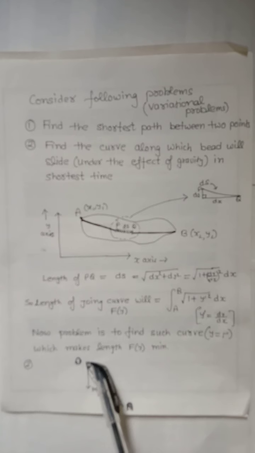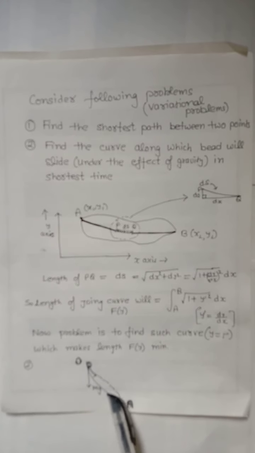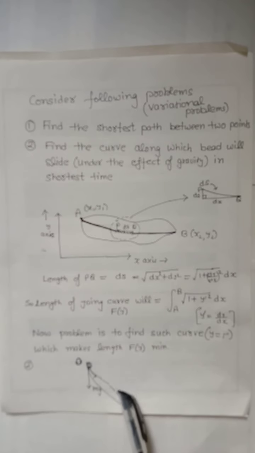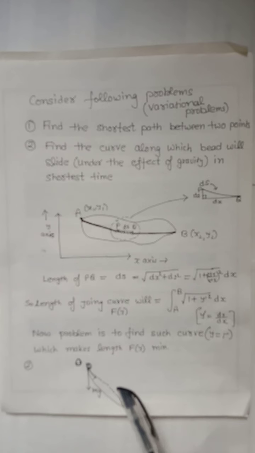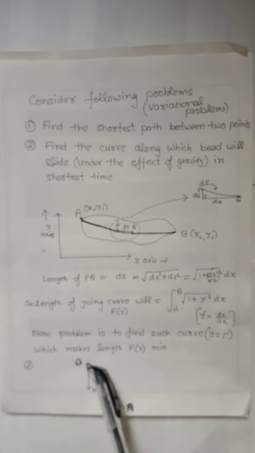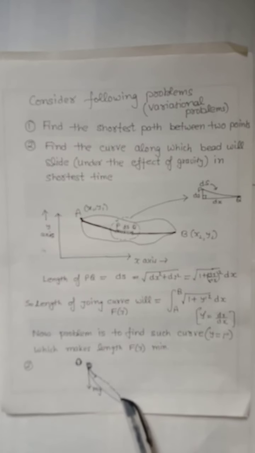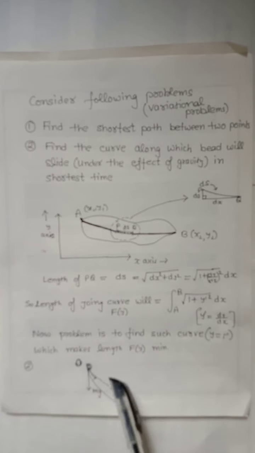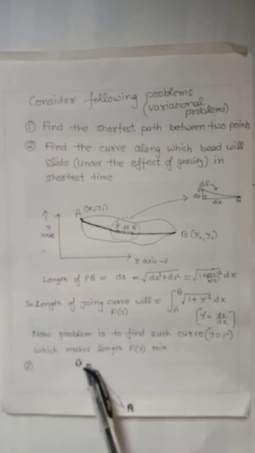So if a bead starts moving along this curve, it will have a different time, and if this bead starts moving along the dotted curve, it will have a different time. This means the time taken by the bead in moving from O to point A will depend upon the curve.